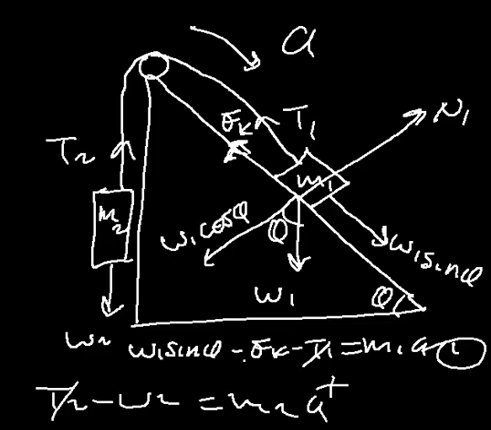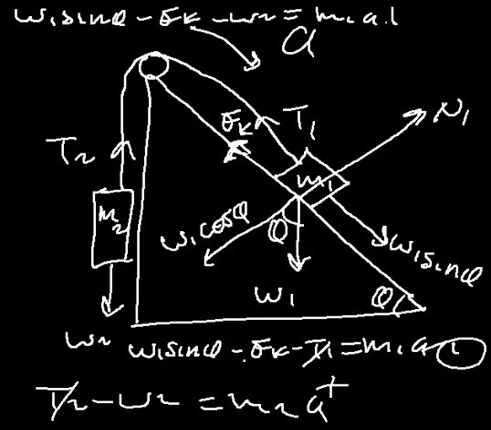We only have W1 sin theta minus Fk and also minus W2, which is equal to mass 1 times acceleration plus mass 2 times acceleration.